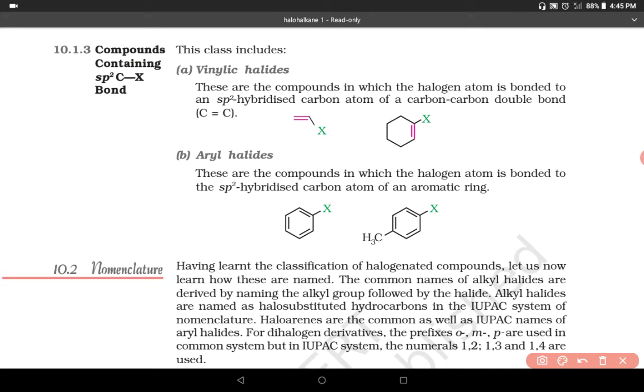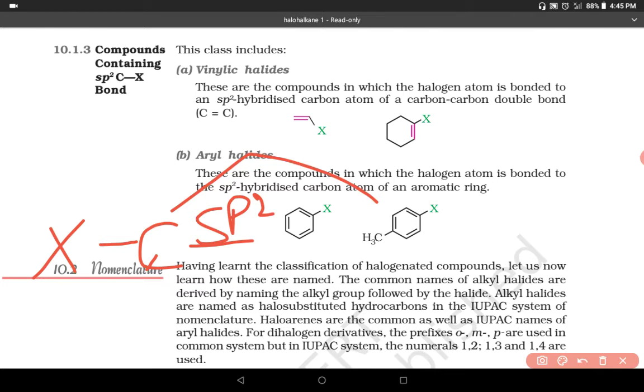Okay, aryl halides. These are the compounds in which the halogen atom is bonded to an sp2 hybridized carbon atom of an aromatic ring. This is an sp2 hybridized carbon, but this sp2 hybridized carbon is included in an aromatic ring like this.